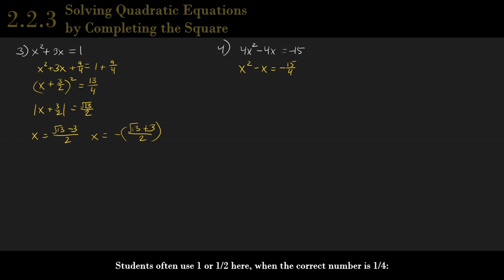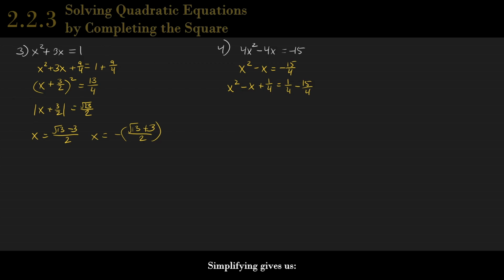Students often use 1 or 1/2 here when the correct answer is 1/4. x squared minus x plus 1/4 equals 1/4 minus 15 over 4. Simplifying gives us (x minus 1/2) squared equals negative 14 over 4.